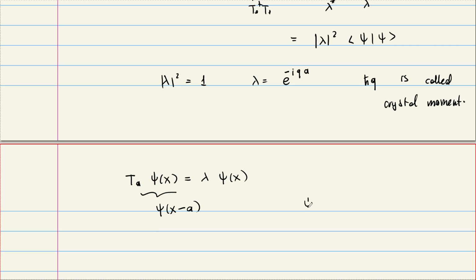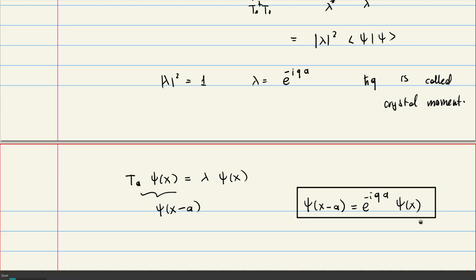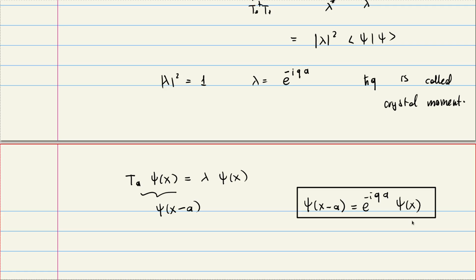Therefore, we have ψ of x minus a is equal to e to the minus i q a ψ of x. And we proved Bloch theorem. Actually, we didn't do anything, but that's the Bloch theorem. This is also what I used in the first hour. So this is Bloch theorem. Good.